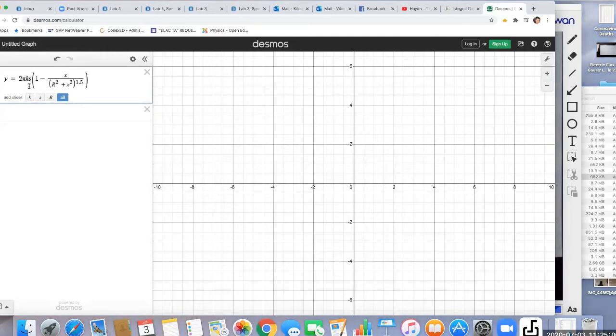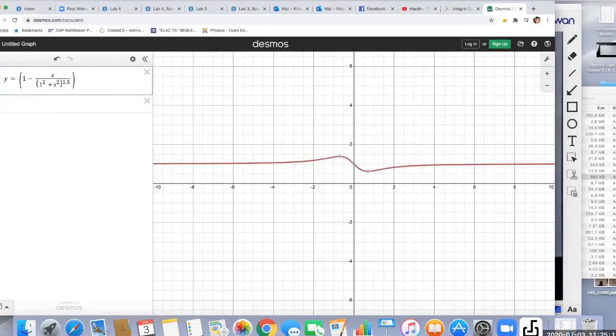Okay, let's just get rid of the k and the sigma. Let's just get rid of all that. And maybe put the radius as a number, 1. Okay. Oh, that's interesting.